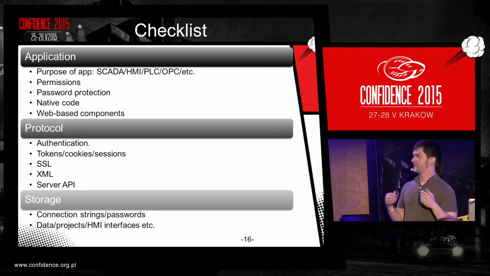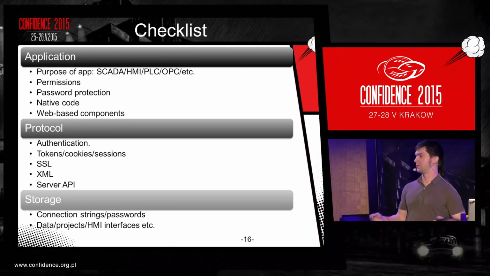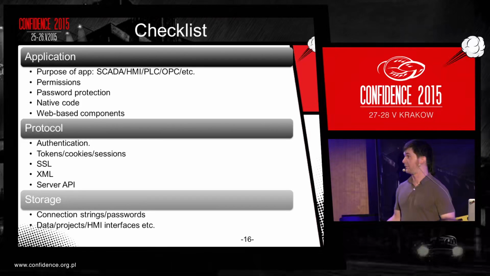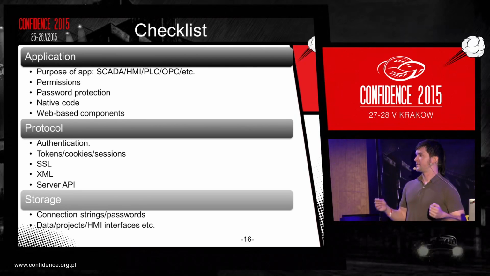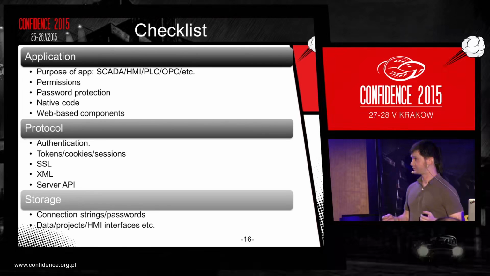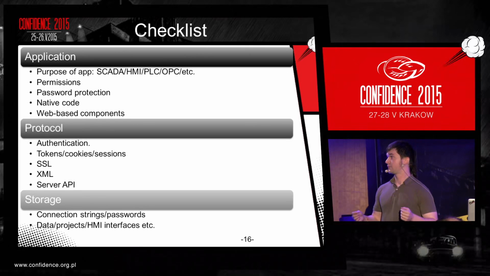Does the application use SSL? So we should check the settings of it. For example, does the application check the correctness of the certificate or does it have certificate pinning? This information allows us to know whether any SSL-related attacks can be done. Does the application use XML?